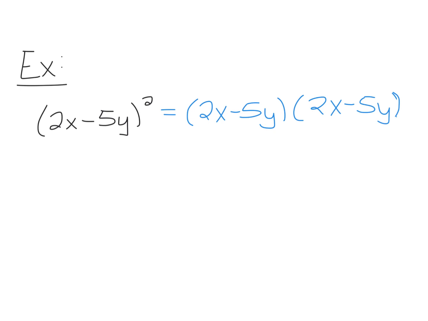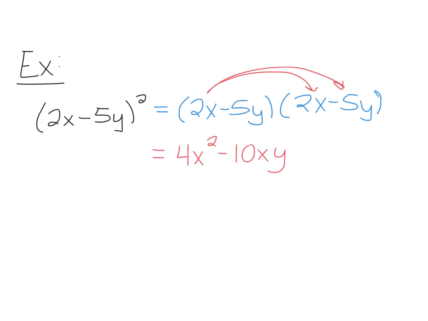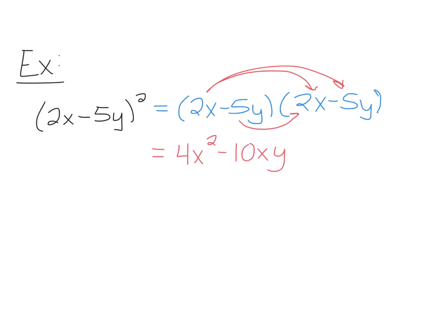Yep, distribute. So we have 2x times 2x. 4x to the second. 2x times negative 5y. What'd you get for that? Negative 10xy. Negative 5y times 2x. Yep. And then we have negative 5y times negative 5y.